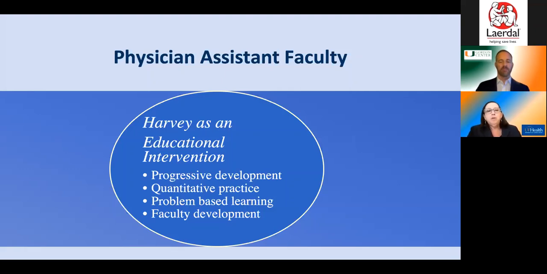A number of years ago, probably about 20 years ago, a study was done among PA faculty, and it was noted that PA faculty could use a little refresher using Harvey too. So before you embark on teaching your PA students, I would suggest some consideration of faculty development.